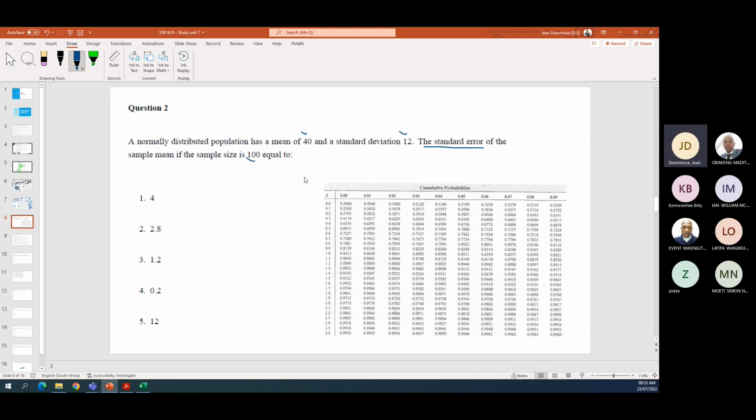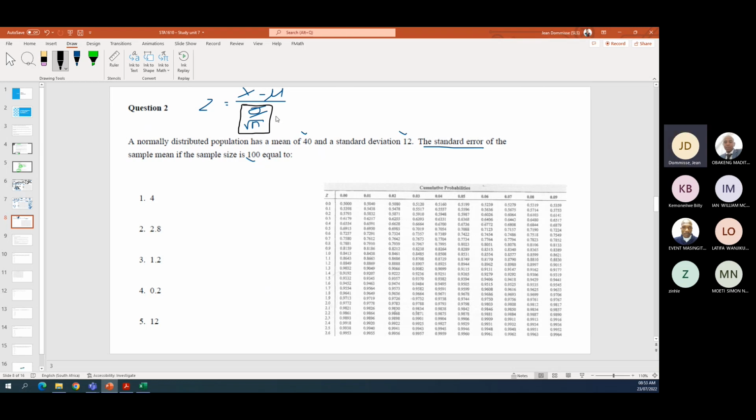Okay, so sometimes we want to use all of them, but out of that formula that we've seen, the standard error is this part.